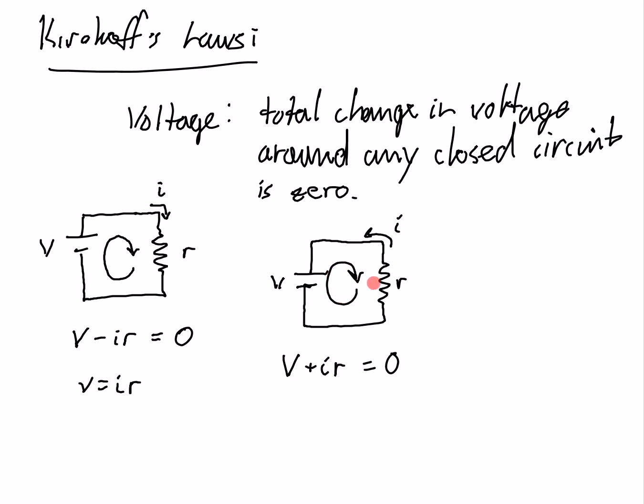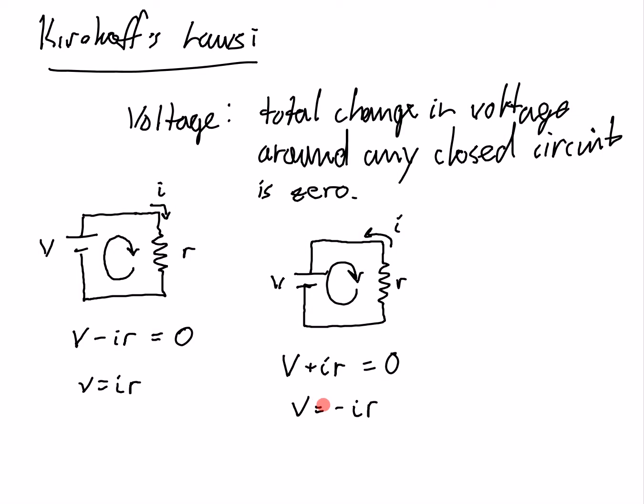So the loop goes this way through the resistor, but the current goes this way. So we pick up an extra minus sign, which cancels the minus sign that normally exists with a resistor. That's why this is now V plus IR equals 0.